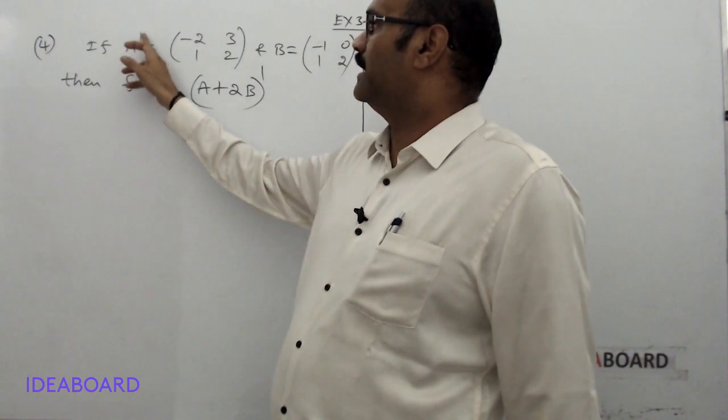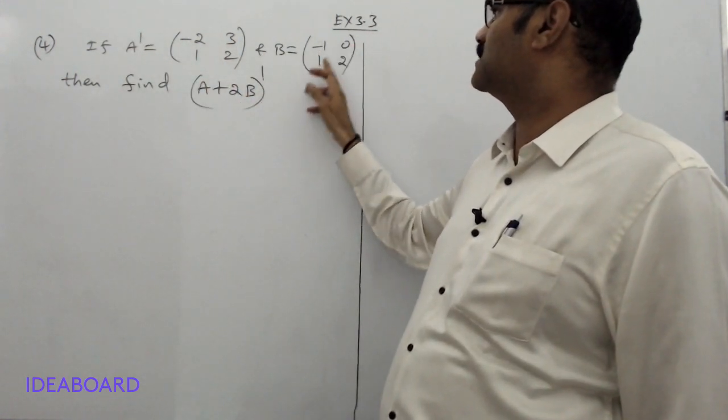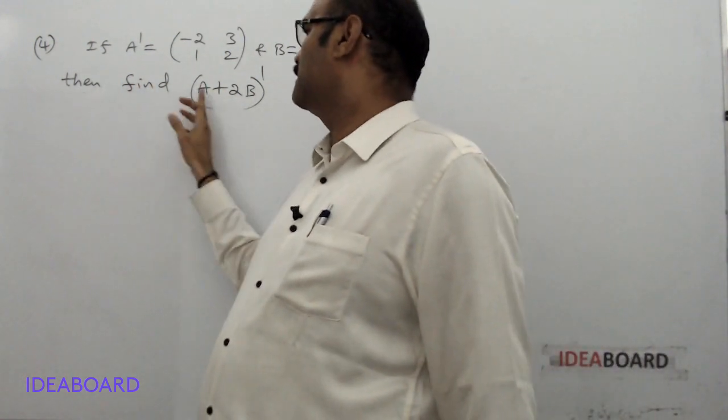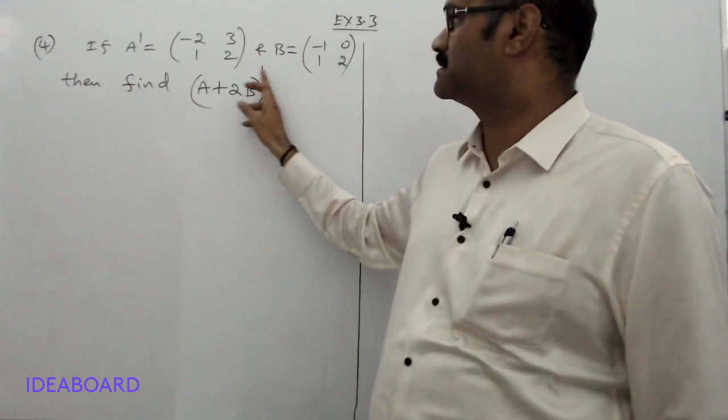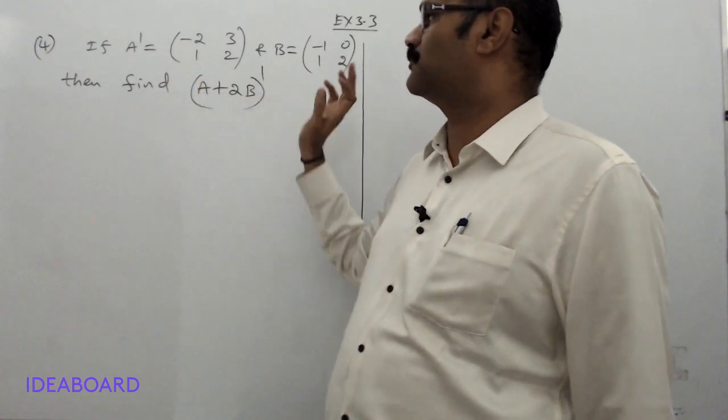If A transpose equal to minus 2, 3, 1, 2 and B equal to minus 1, 0, 1, 2, then find (A plus 2B) whole transpose. It is given by A transpose, but he is asking (A plus 2B) whole transpose.